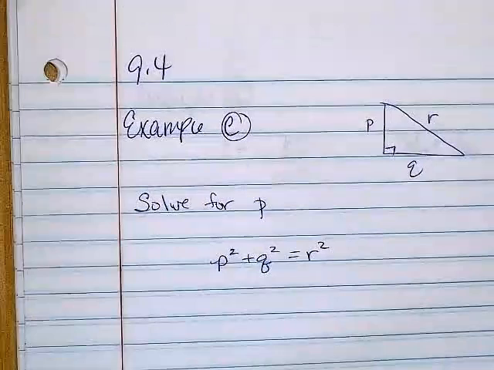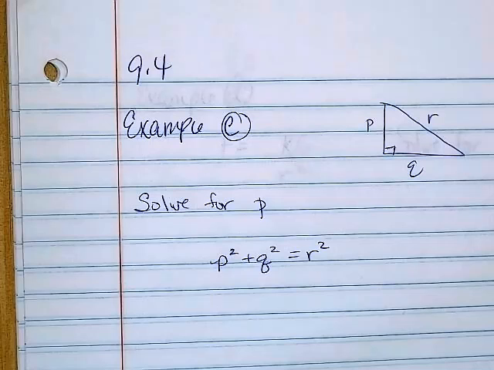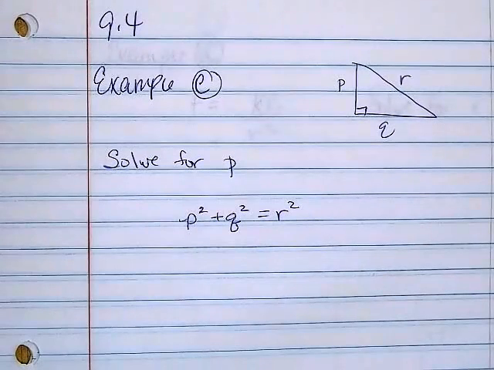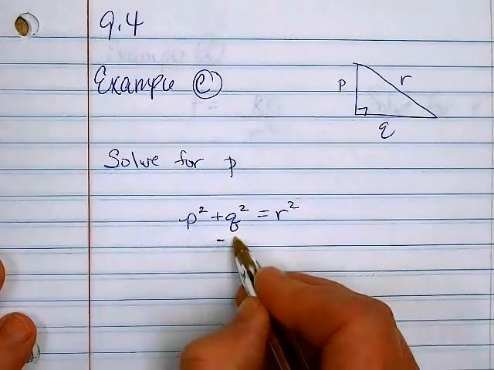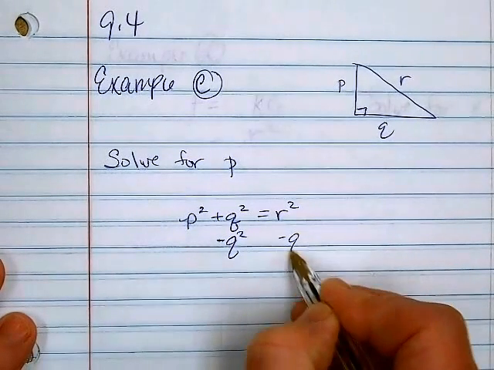Next example, we want to solve for P in this problem. Looks like the Pythagorean theorem. We have a right triangle. To solve for P, the first thing I'm going to do is isolate the P squared term. So I'm going to subtract Q squared from each side.